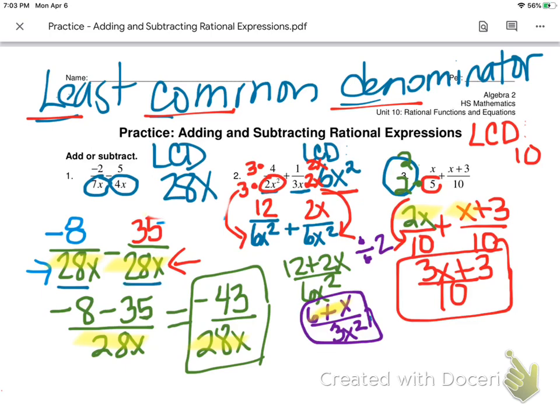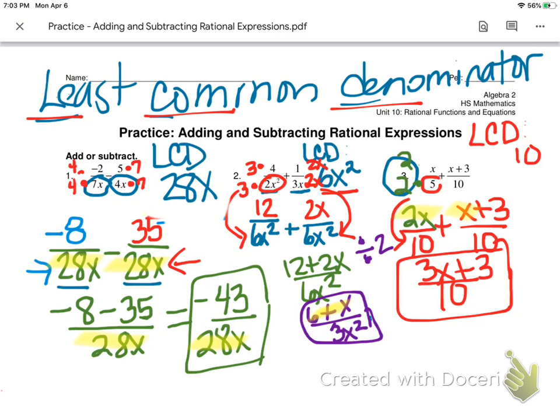And then we look at what's missing. So when I look at what's missing, I can see that here I need 4 times 7 to give me 28, which means I multiplied 7 on top. So 7 times 5 gives me 35. Over here I need to say 7 times 4, and so I have to do the same thing on top.